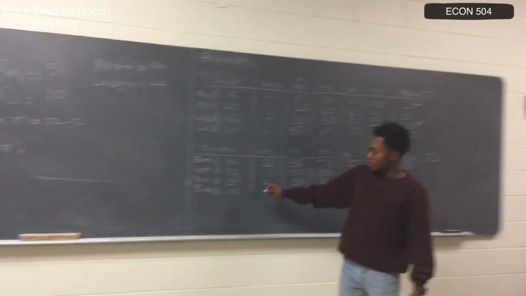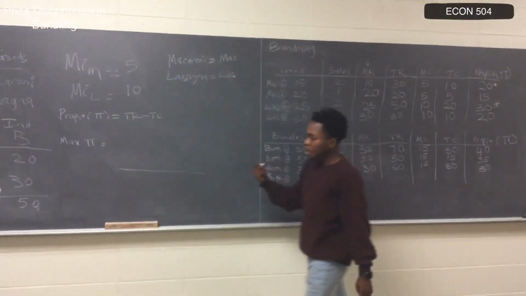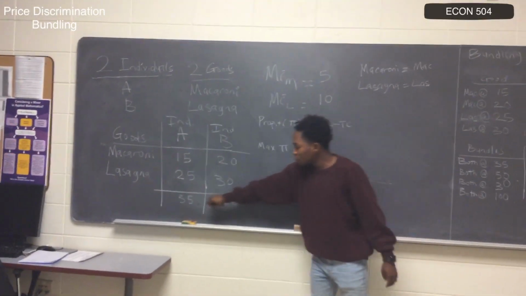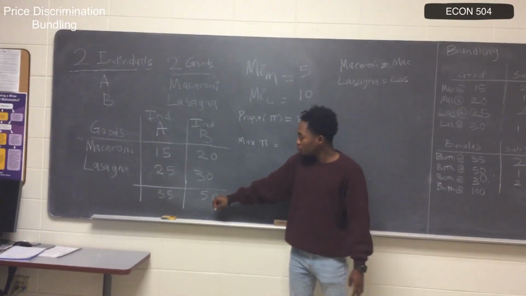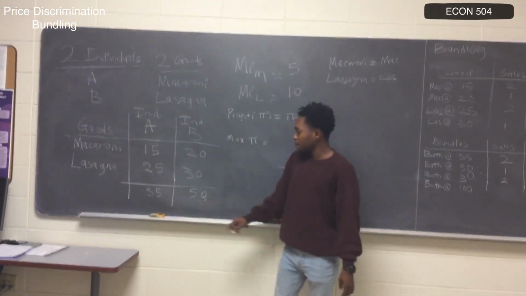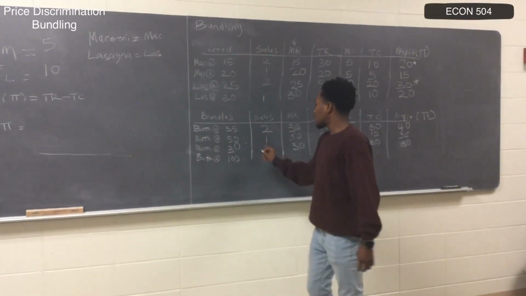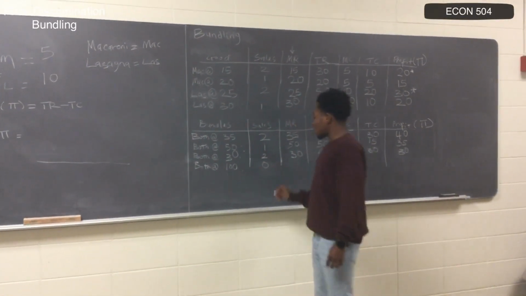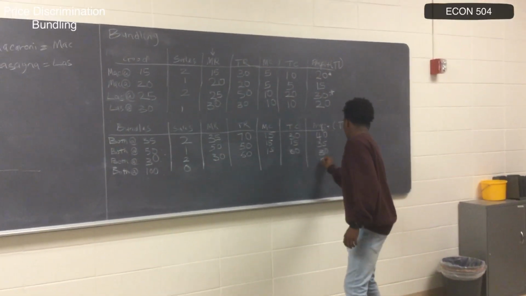And if I want to sell the goods at $100, at a very high price, I won't sell to any of the individuals because the maximum they are willing to pay is 35 and 50. So at this bundle price, I'll sell 0. And if I sell 0 products, I automatically make 0 profit.